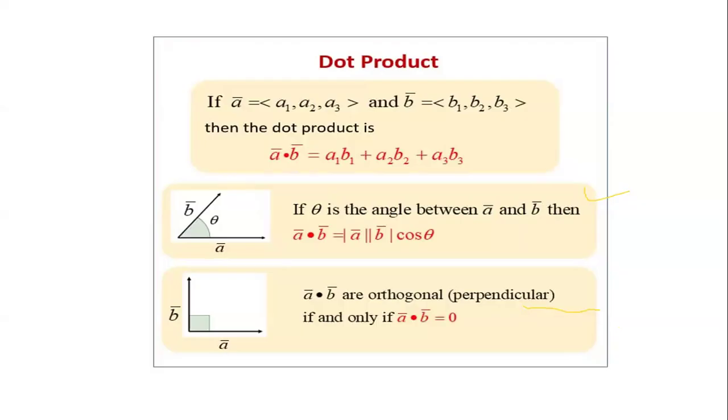If theta is the angle between vector A and vector B, then A dot B equal to the magnitude of A times the magnitude of B cos theta. And A and B are orthogonal, meaning perpendicular, if and only if A dot B equal to 0.